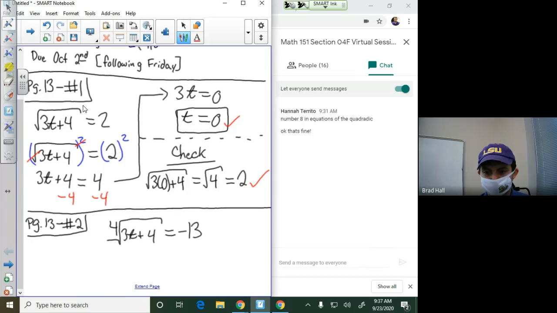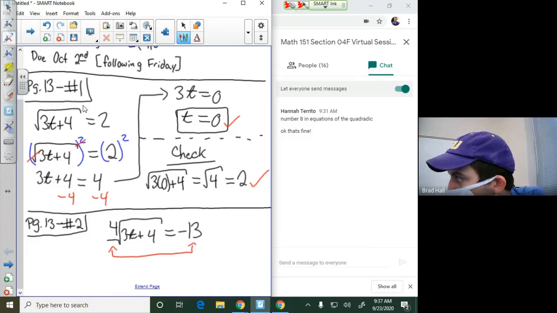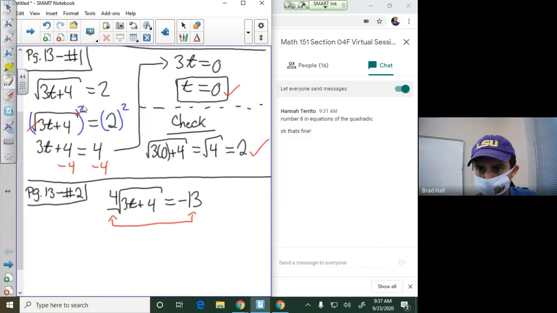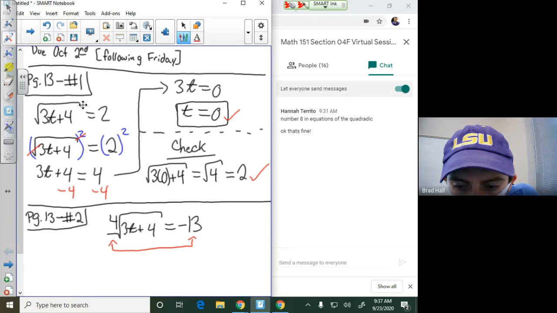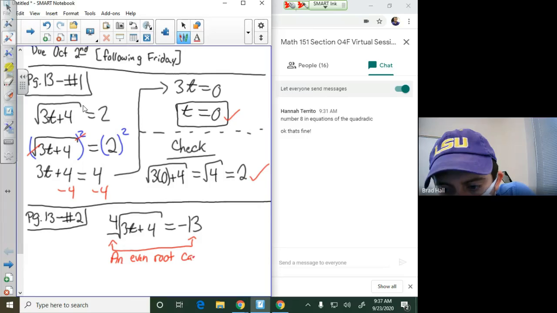Thing to notice: an even root cannot output a negative.